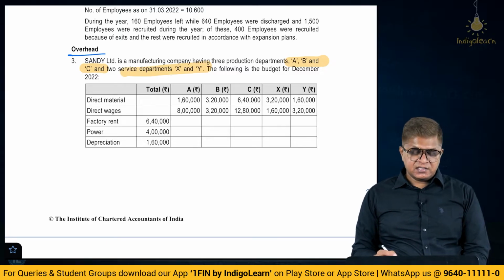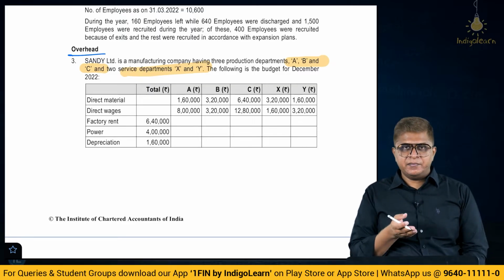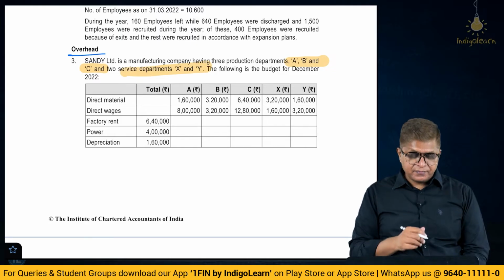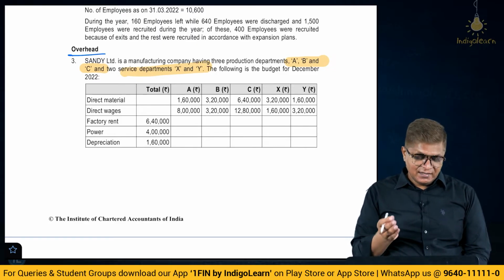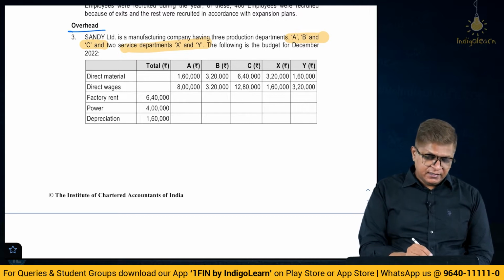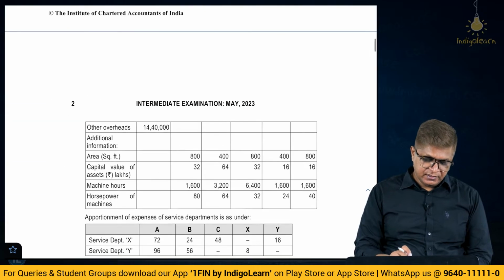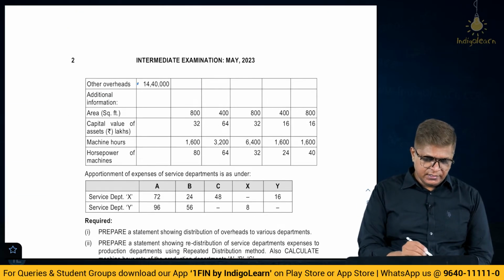So they have given us the direct material cost and the direct wage cost for each of the departments A, B, C, those are the production departments, and service departments X and Y. Then they have also indicated the factory rent, power, depreciation and other overheads.